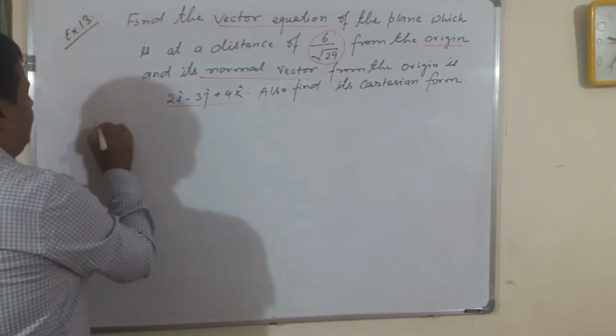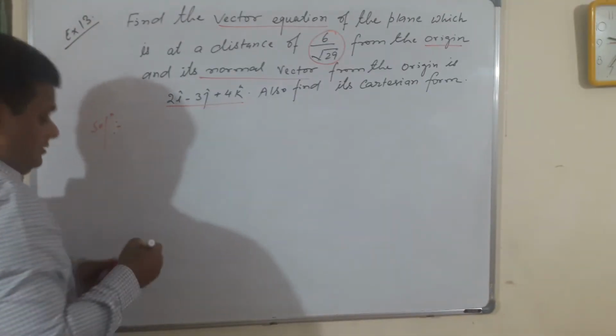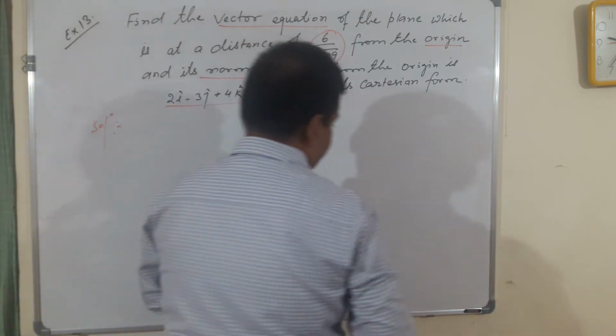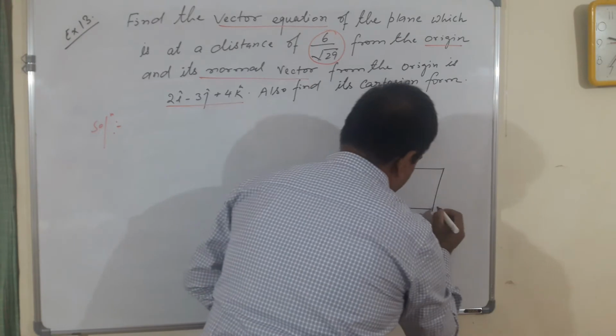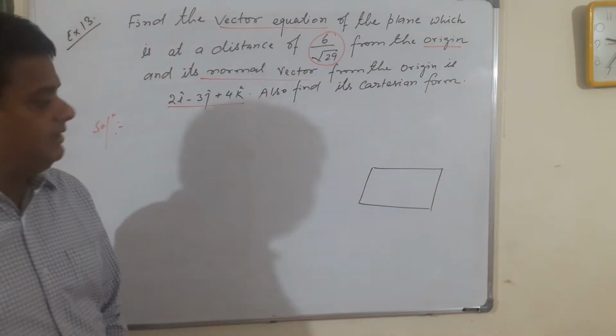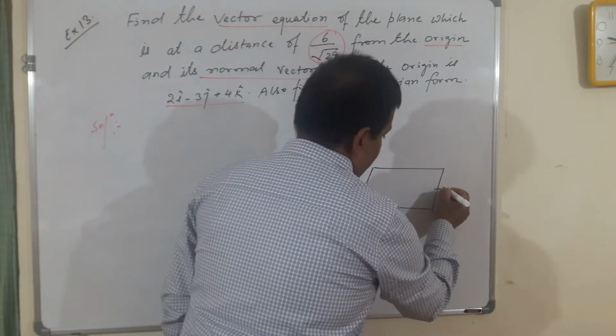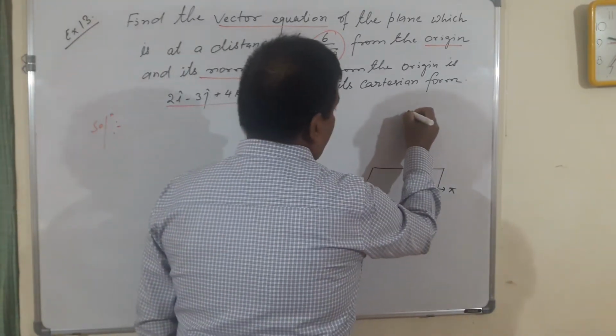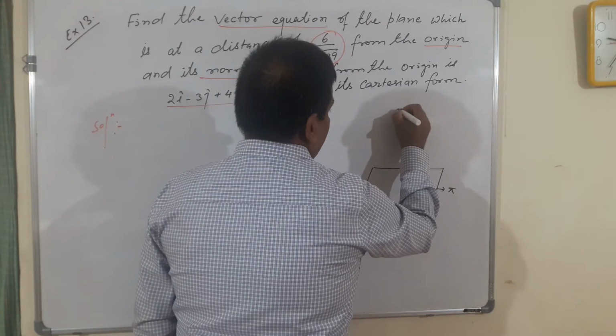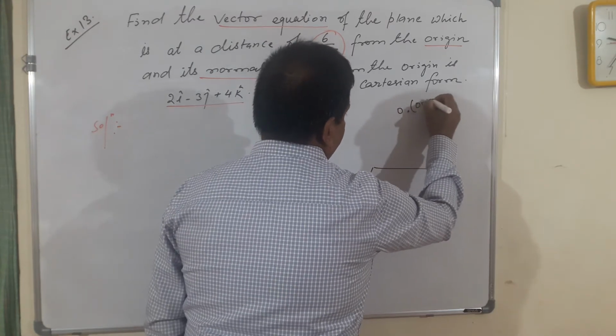So, solution. Suppose this is a plane, and I am giving the name of the plane as pi. Here O is the origin.